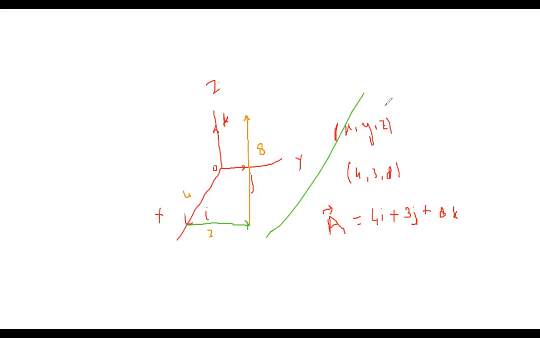And when you write it in vector form, it is 4i plus 3j plus 8k. When you join these components, 4i is on the x-axis, 3j is on the y-axis, and 8k is on the z-axis.